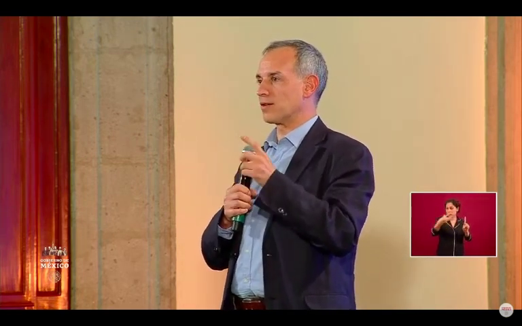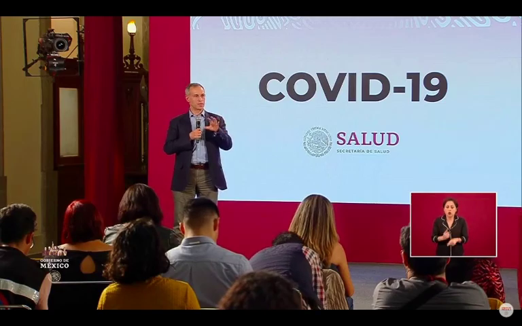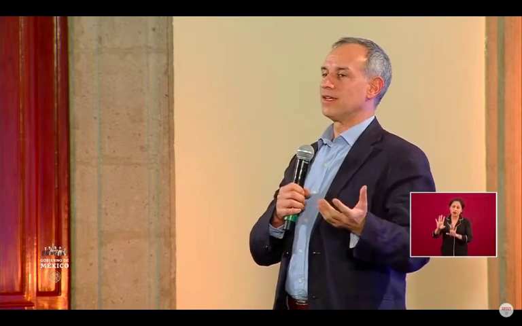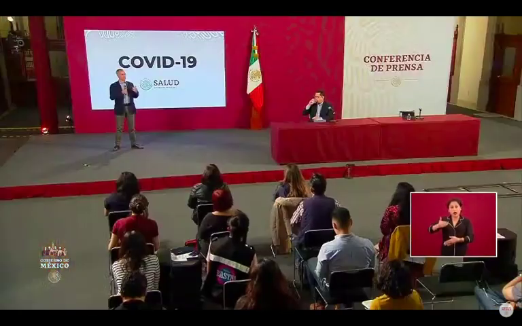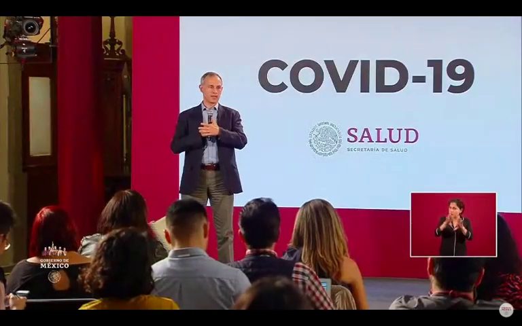This information is transmitted from person to person, and now we've brought these slides to show in a very graphical way how this disease transmission mechanism actually works, because there's been some confusion regarding the way the virus is transmitted from one person to another.